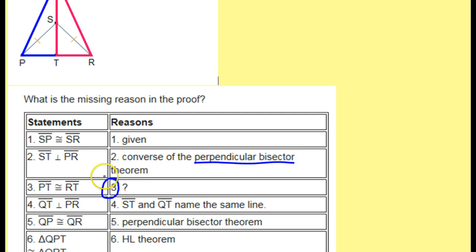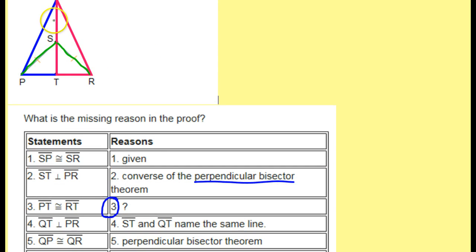Basically they're saying if these distances are equal, then this line down the middle must be the perpendicular bisector, and that's why they said these are perpendicular.